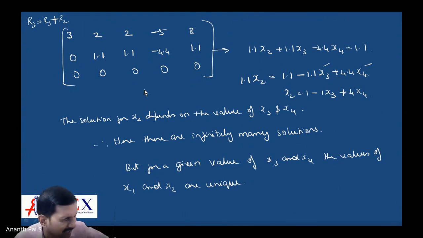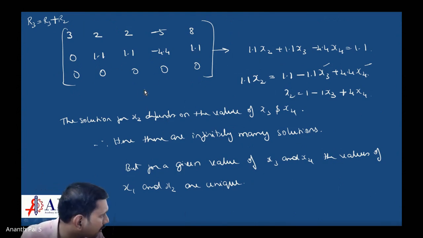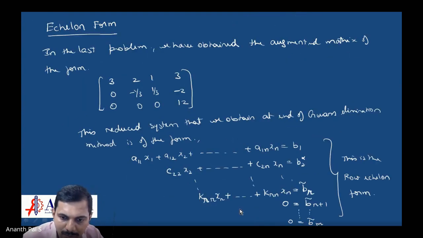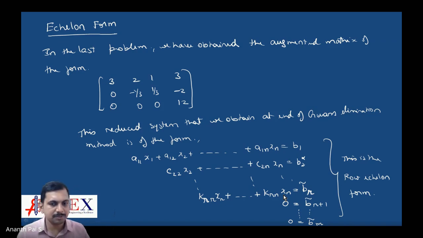Sorry, this is echelon form. This is not an upper triangular matrix. But it's an echelon form, row echelon form. See, row echelon form, how it is. Here we have some numbers. Spend some time on this.